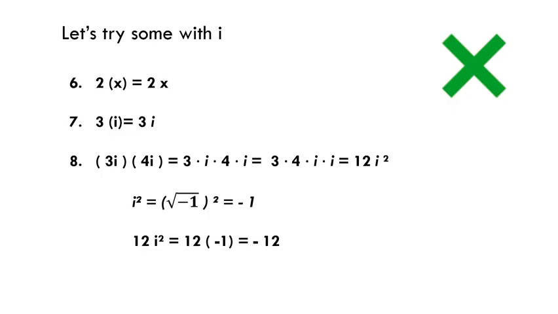Now remember what i squared is equal to. If you don't have this on your paper somewhere, write this down: i squared is equal to negative 1. Excuse me, I wrote this wrong.